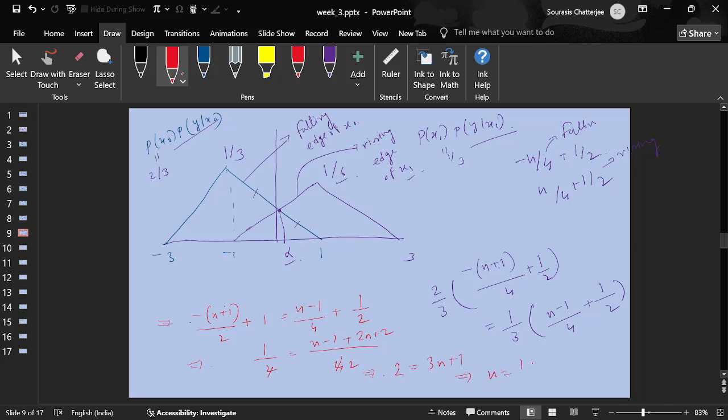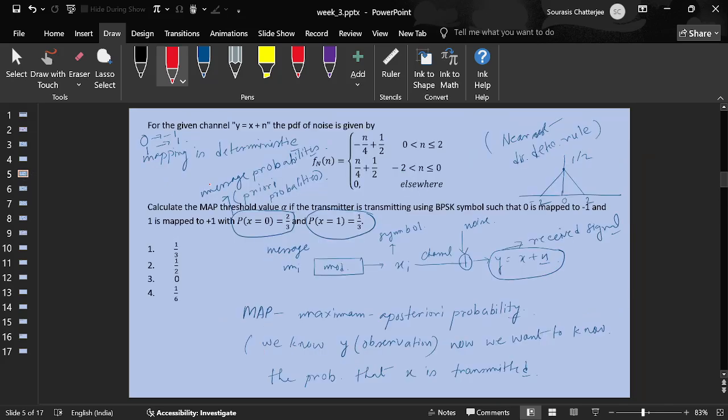N is 1/3. So the intersection point here, obtained by equating, is 1/3, which is the option there. Yep, 1/3 is going to be my answer.